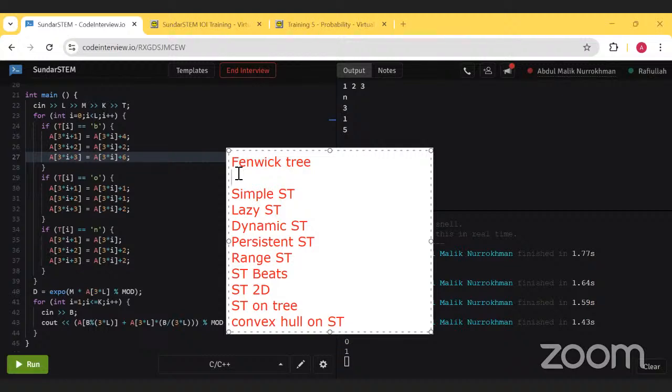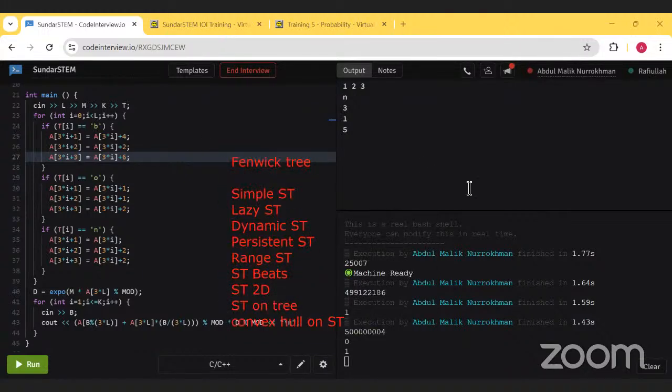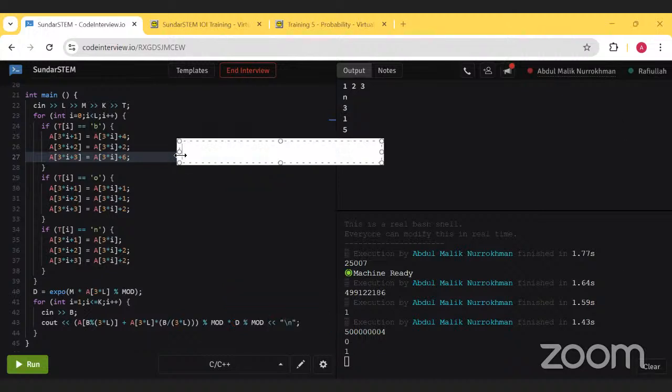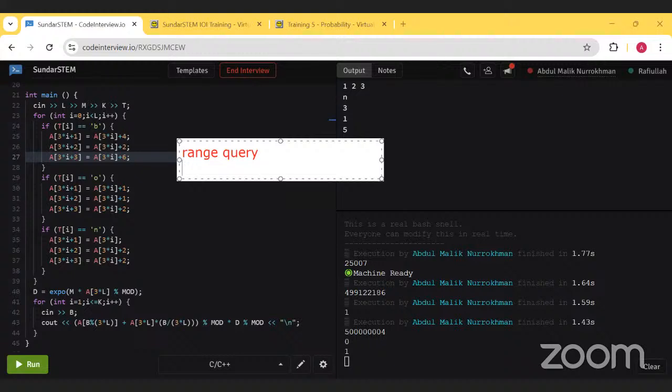Okay, that's great. You already know the simple segment tree. Simple segment tree means segment tree that can do range query and point update, right? Is it correct?